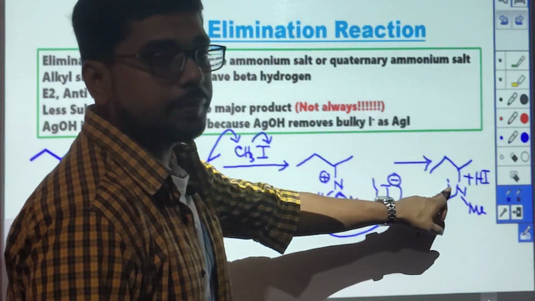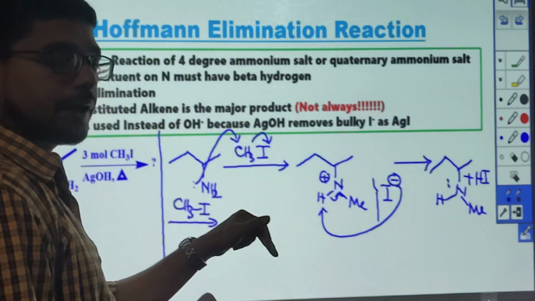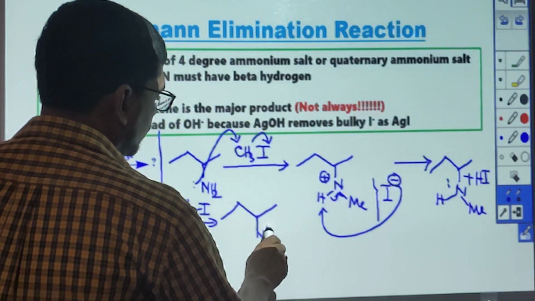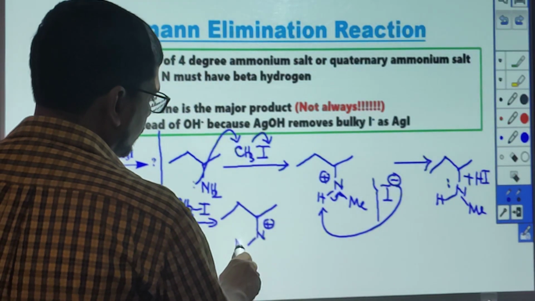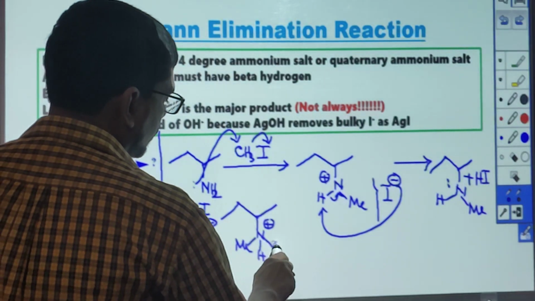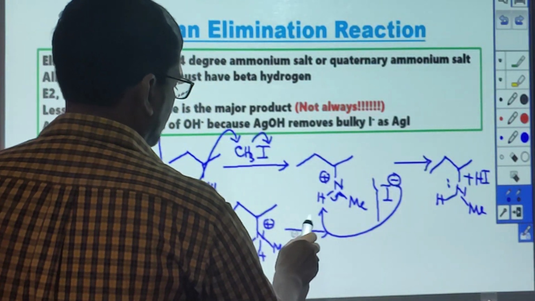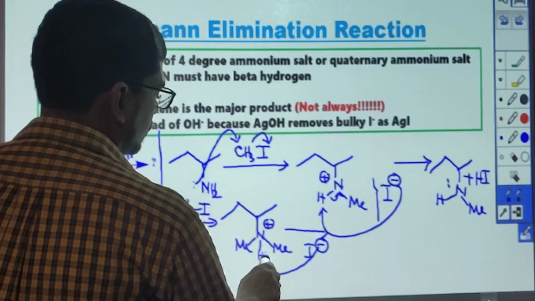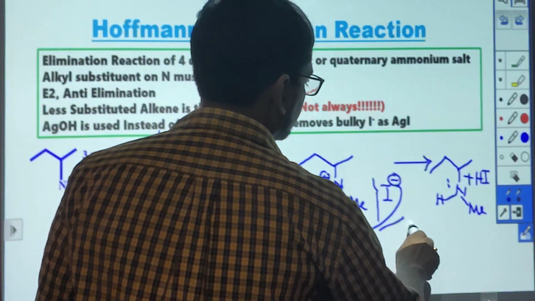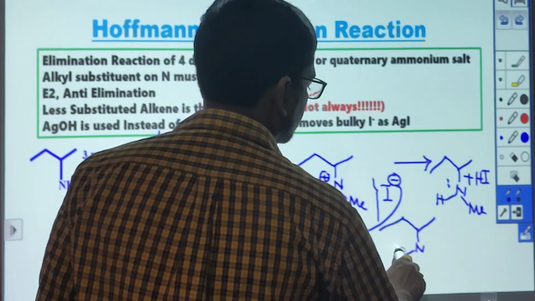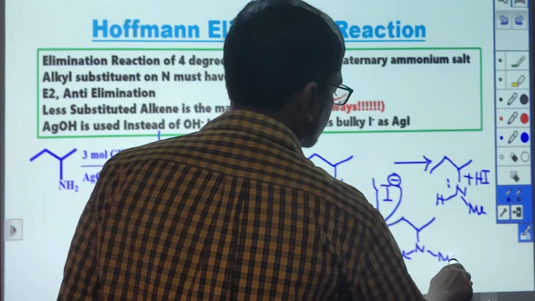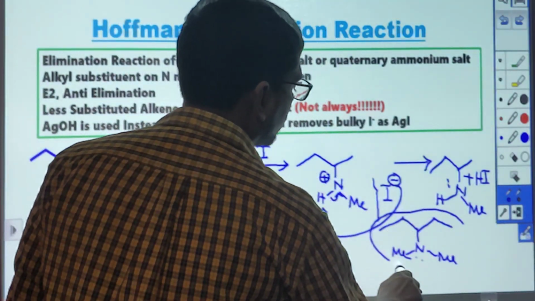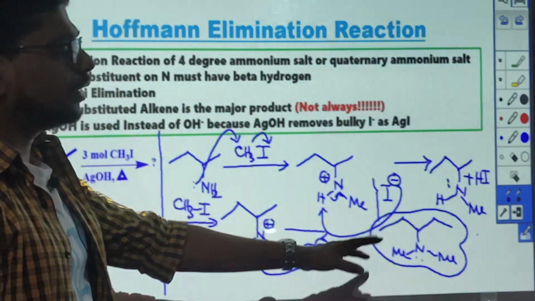Again this nitrogen lone pair will attack this carbon, iodide will leave, and we got a 3-degree amine.